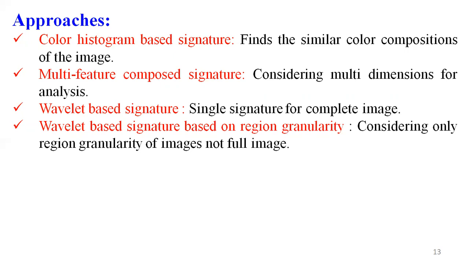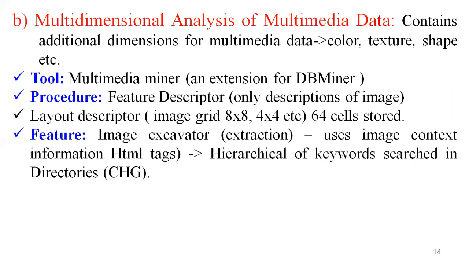Then wavelet based signature, a single signature for the complete image. And wavelet based signature based on region granularity, considering only part of the image, not the full image. These are the different approaches for multimedia.